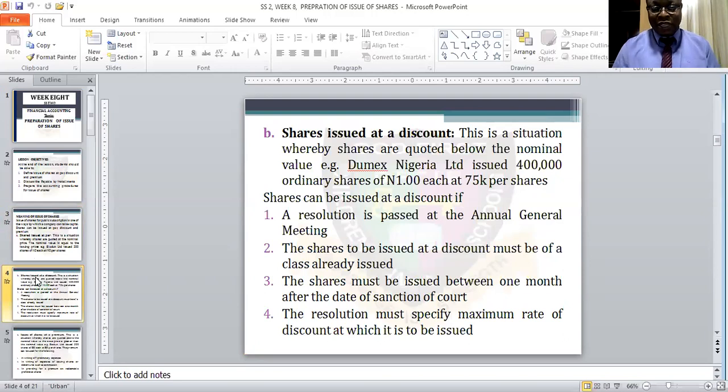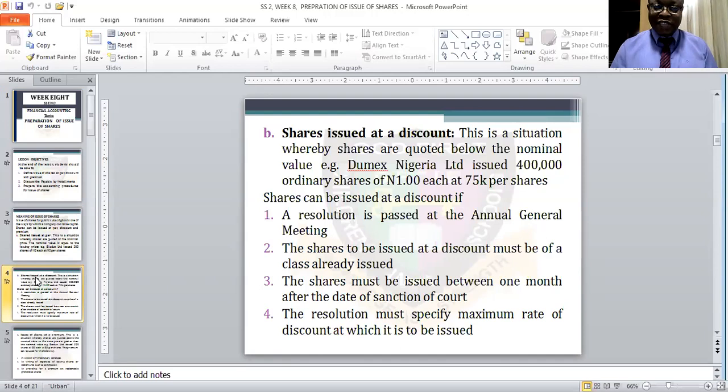They wanted to issue these shares at 1 naira, then the shareholder subscribed for them at the rate of 75 kobo. So that means at discount. When you subtract 75 kobo from 1 naira, you are left with 25 kobo. So a discount of 25 kobo has been given to the shareholders.